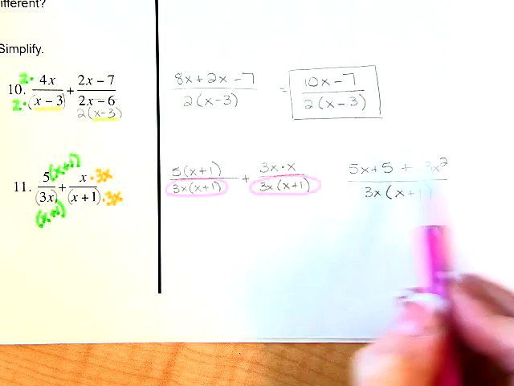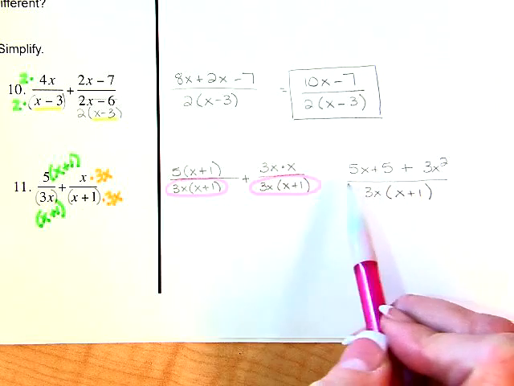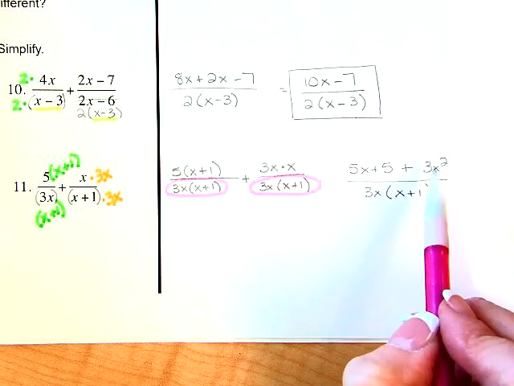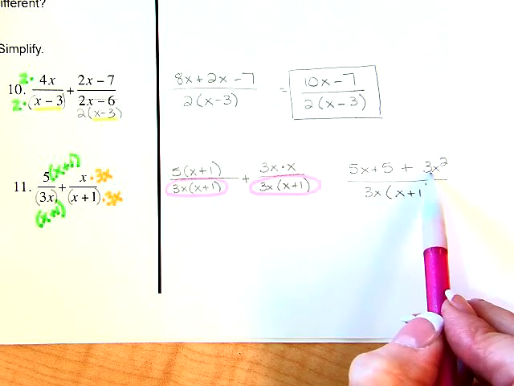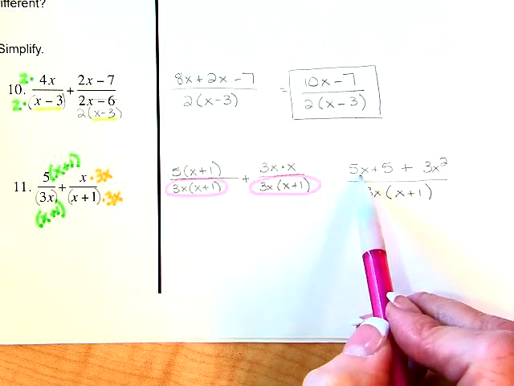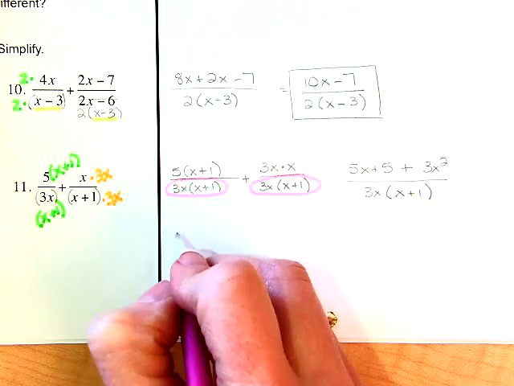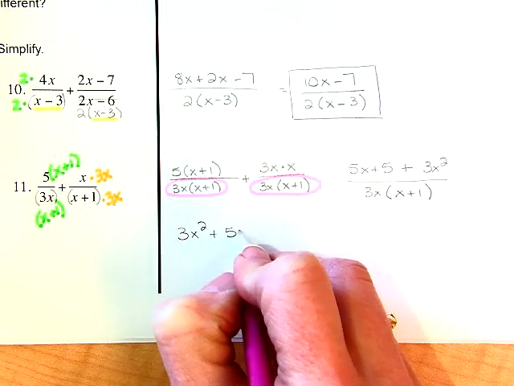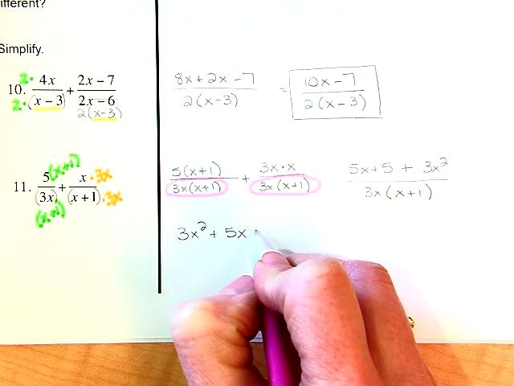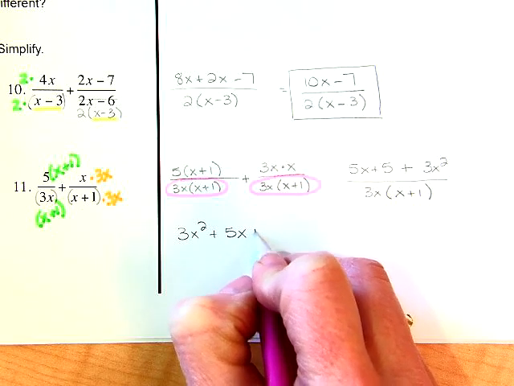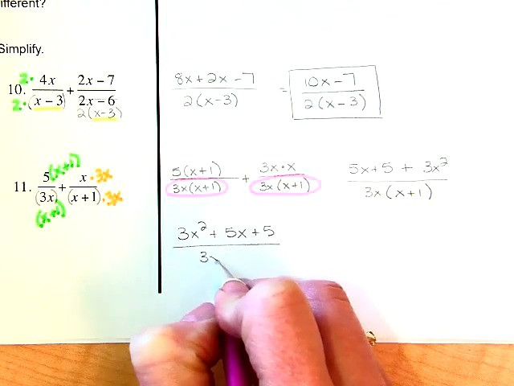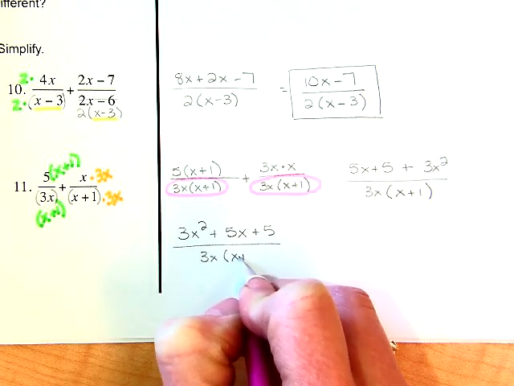And we look at the numerator, we're like, okay, can we combine anything? No, we can't. However, I am going to rewrite it because normally we put the degree 2 term first, then the degree 1 term, then the constant. So right now it looks like this, 3x squared plus 5x plus 5 all over 3x times x plus 1.